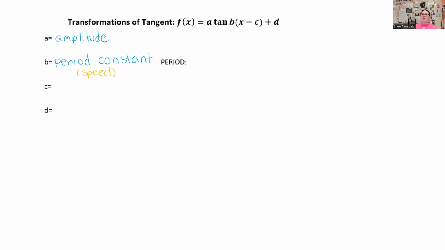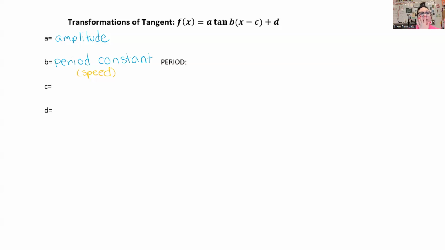But your speed tells you how quickly you get through your cycle. So let's say that there's a 2 there, you'll have 2 cycles where a parent function just has 1. So the bigger the number is, the more cycles that you have. It's like your speed, how quickly you're getting through your cycle.